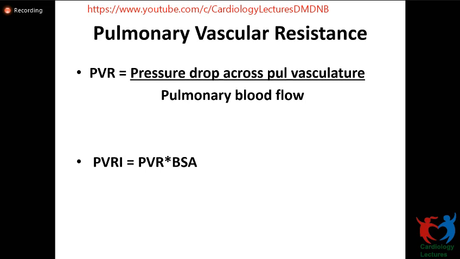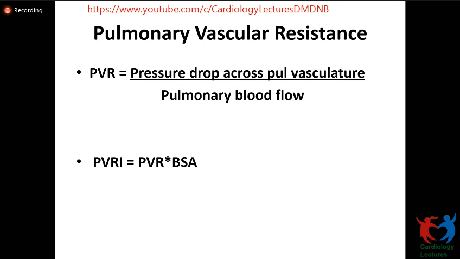What is the normal pulmonary vascular resistance index? It is 1.7 to 3.5. Yes, it's about 1.7 to about 3.5. That is the normal pulmonary vascular resistance index.